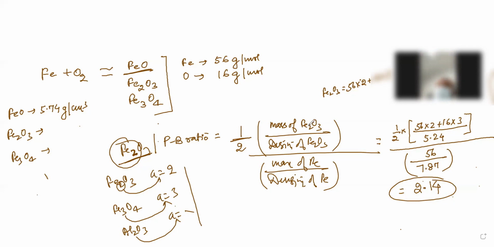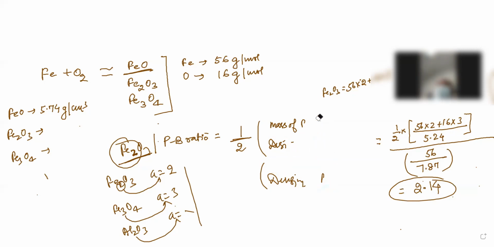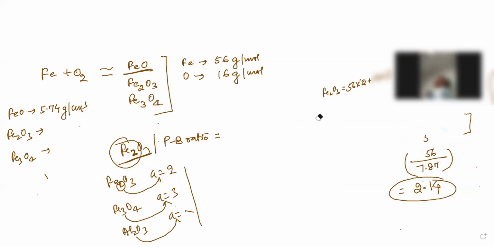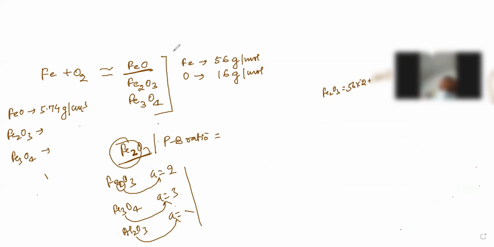So can you do it for Fe3O4 now? Just tell me the formula. What will be the formula here? Now you have understood. Fe plus O2 will be Fe3O4. Okay, not a problem. It will be the same as Fe2O3.